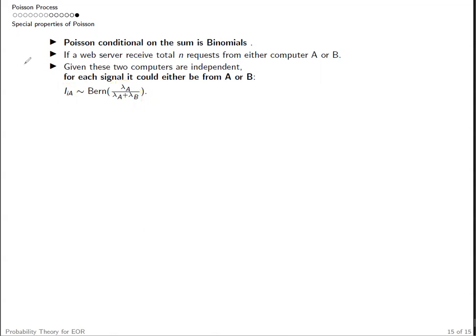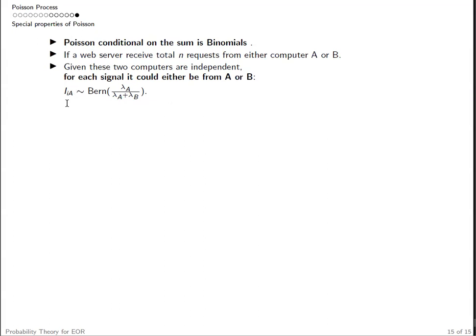So suppose now we have n signals in total, conditional on that information. Suppose we have already received n requests, and we want to know how many are from computer A. Then we sum all those Bernoulli distributed indicator random variables together. The indicator is 1 if the signal belongs to computer A, and we sum over i from 1 to n, because we have n requests.